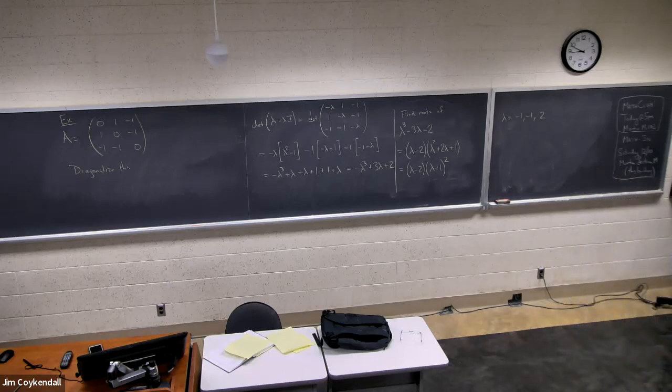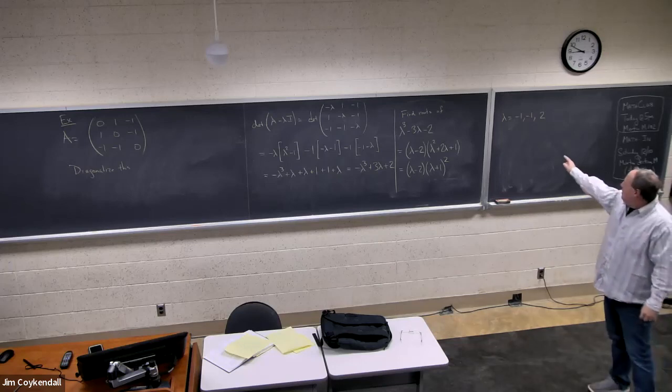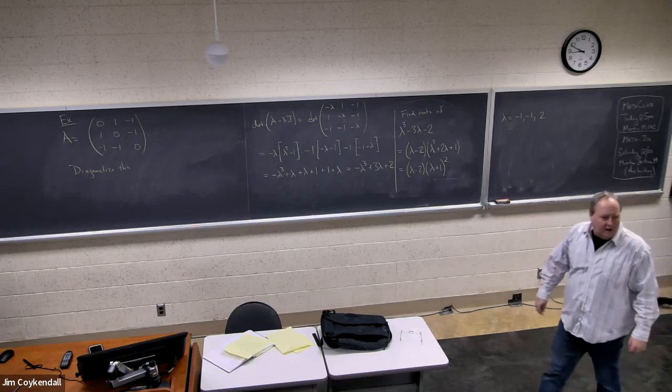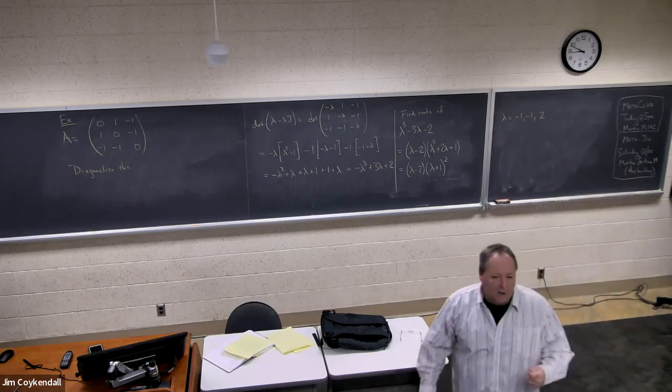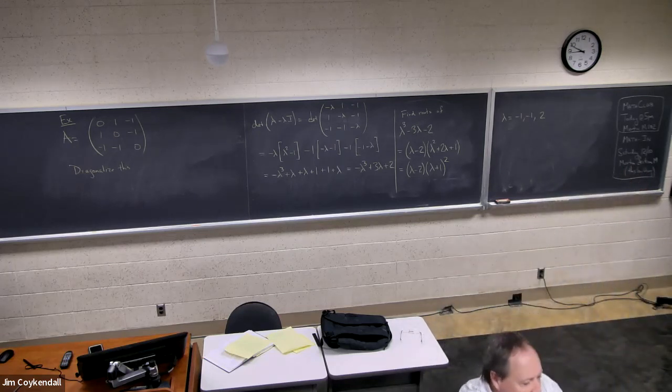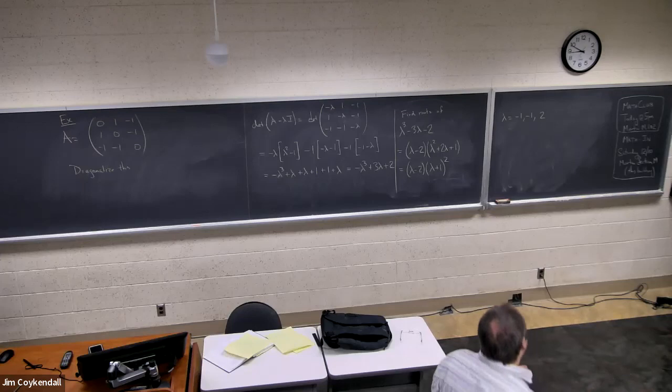Let me ask you this. Just from what we know so far, does this choice of eigenvalues guarantee us that it's diagonalizable? I know that all the eigenvalues are real, but what could go wrong? Yeah, the eigenspace for the eigenvalue minus 1. That is correct.